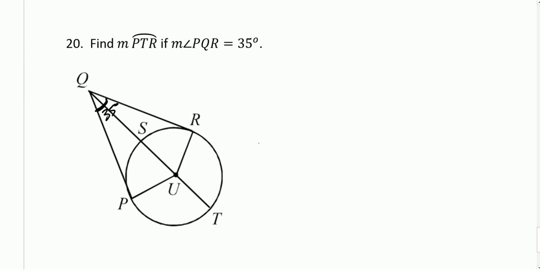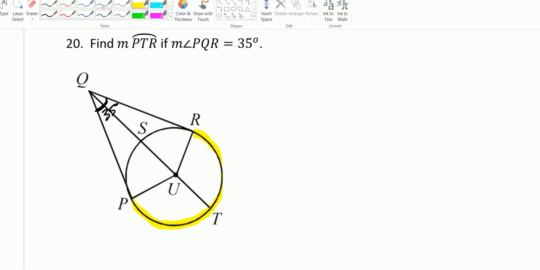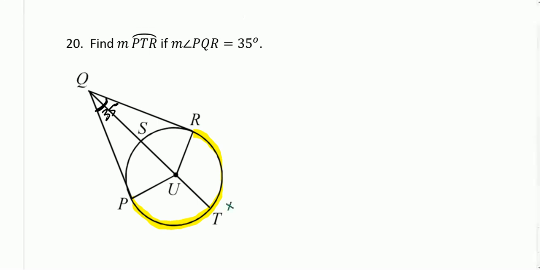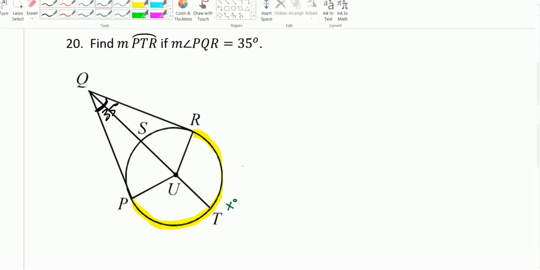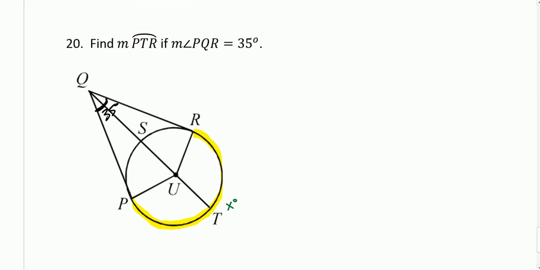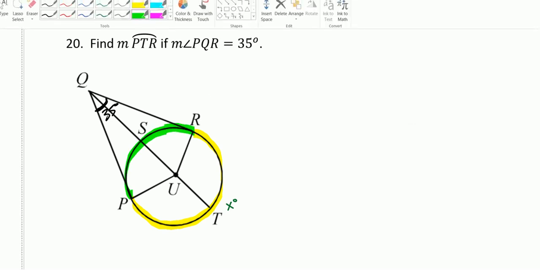So in this picture, there's a couple things. I'm going to highlight the major arc PTR, and we're going to label that X degrees, and I'm going to highlight the remaining part, arc PSR, and we're going to label that Y degrees.